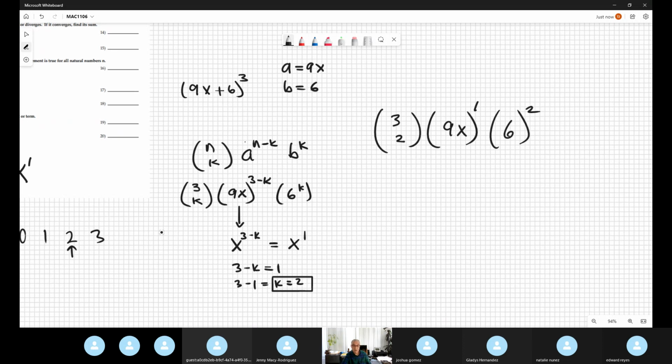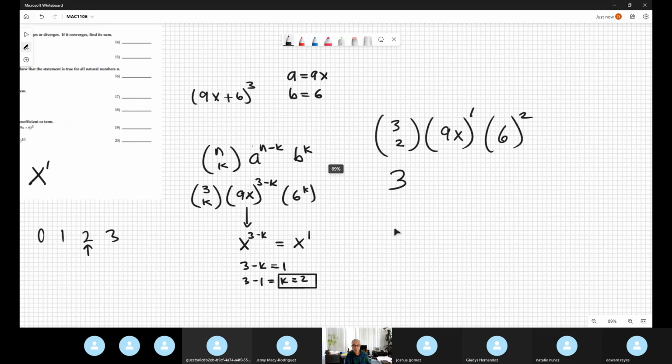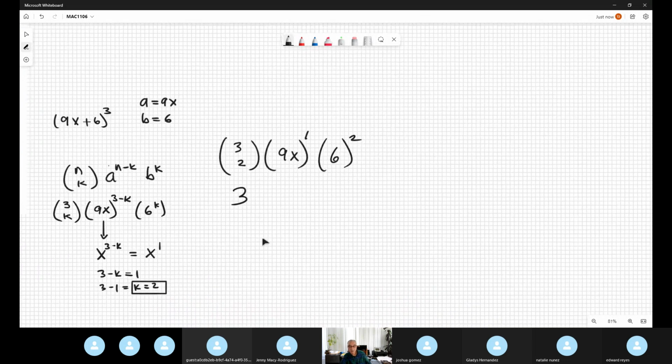Okay, and combinatory 3, 2 is 3. Use the formula or use Pascal's triangle. Suppose I don't like the formula. Pascal is easy because it's 1, 3, 3, 1, row 3. We are talking about this one, 3.